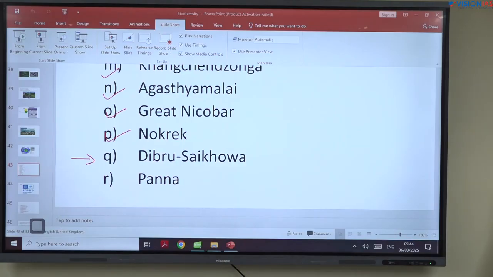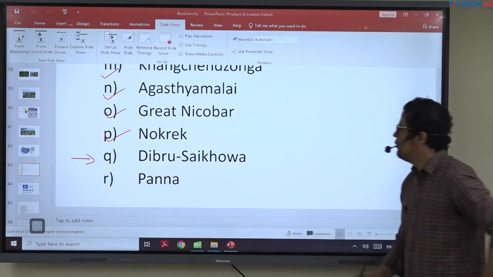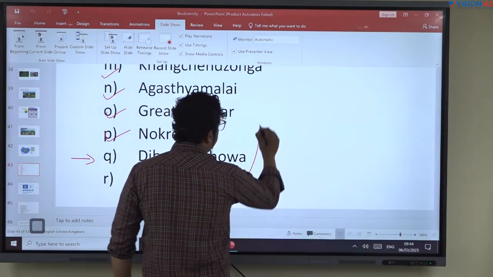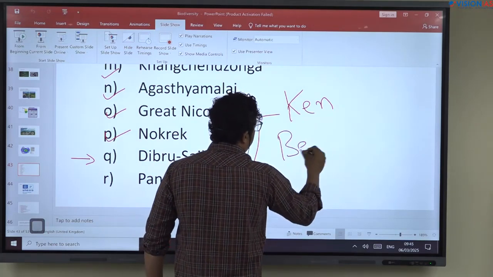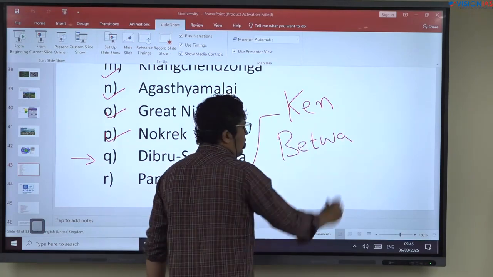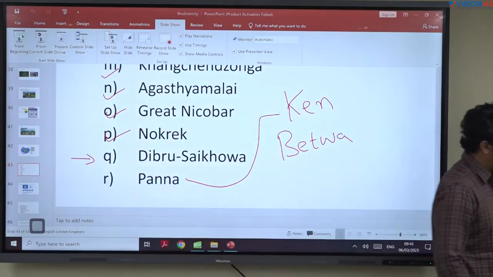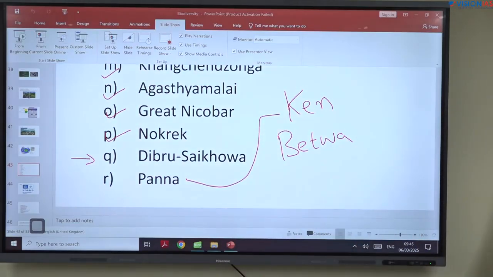It is in news because of river linking project of Ken and Betwa.